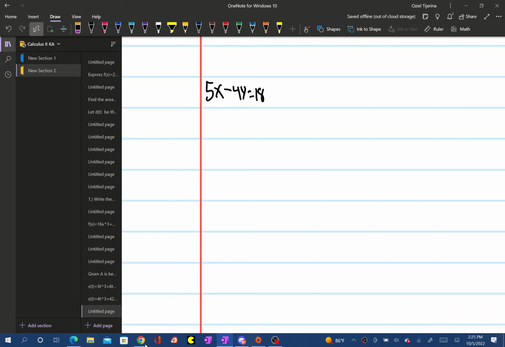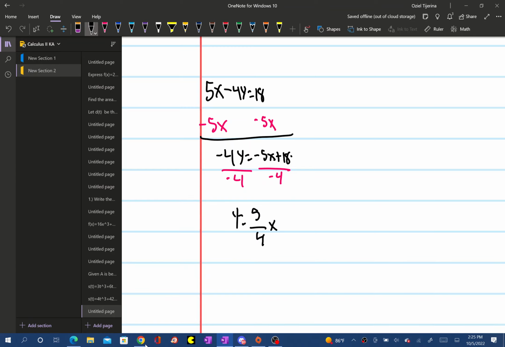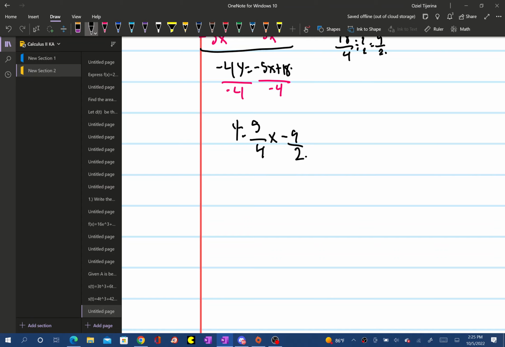So first of all, I need to solve for y, right? So we have to do minus 5x on both sides, so we have negative 4y equals negative 5x plus 18, and then divide both sides by negative 4. That gives me y equals 5/4 x, and then 18 over 4 is 9/2, so it's going to be minus 9/2. Now, they want the inverse, so we're going to say x equals 5y over 4 minus 9 over 2.